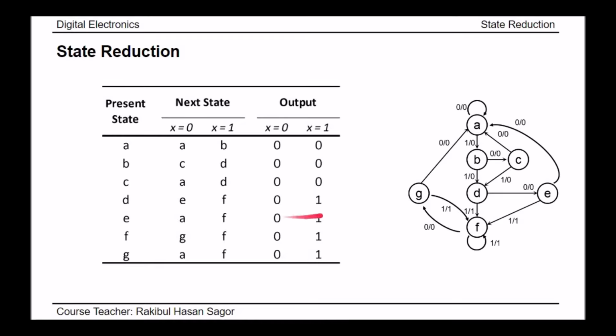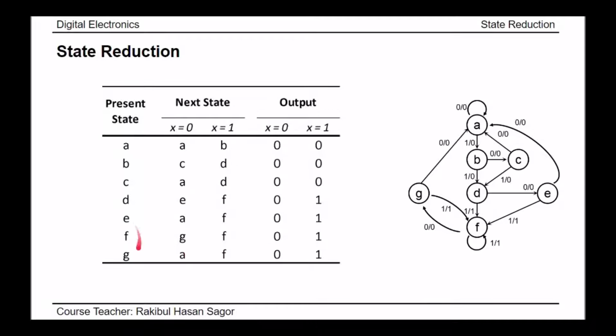So these 2 lines are the same. So we can say E and G are equivalent states. So instead of writing G everywhere, we can replace G by E, because E and G have the same type of states for all combinations of inputs.